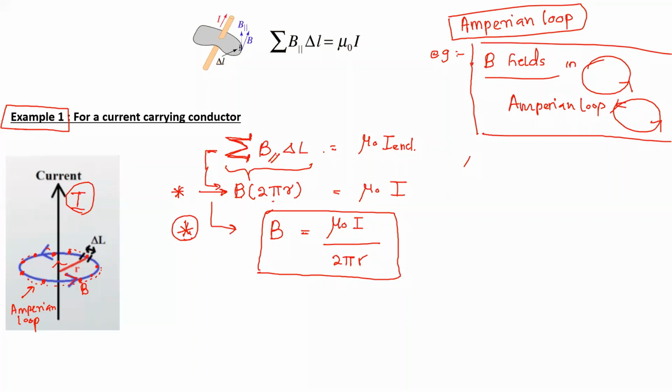So are you okay with this? Yeah? Okay. This is one type of example, and this is the most common example, where your B field is going in circles. When your B field is going in circles, your loop is also a circle.